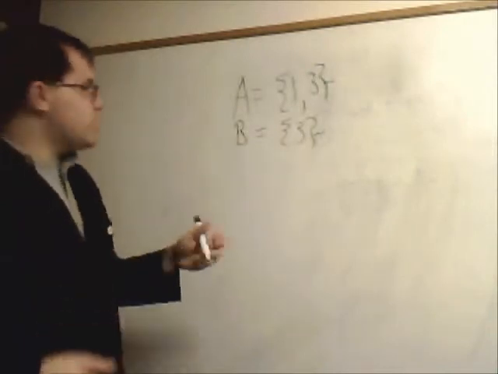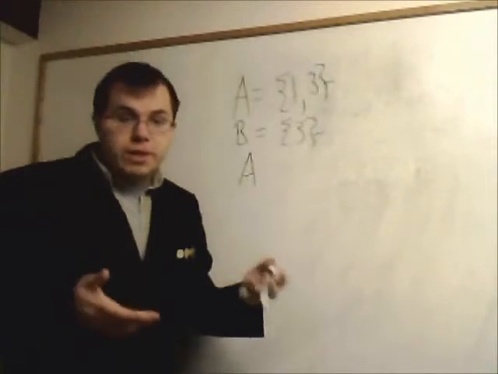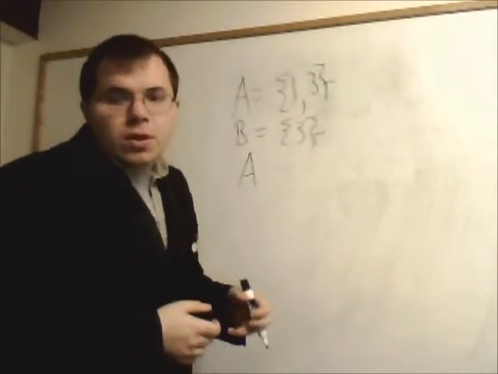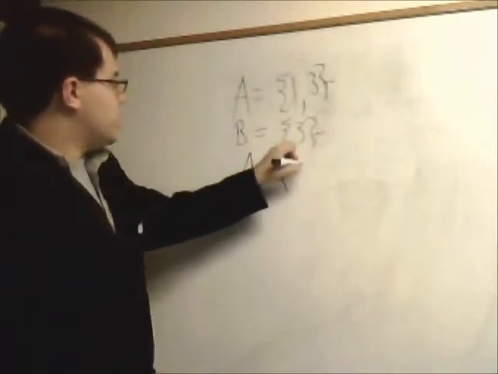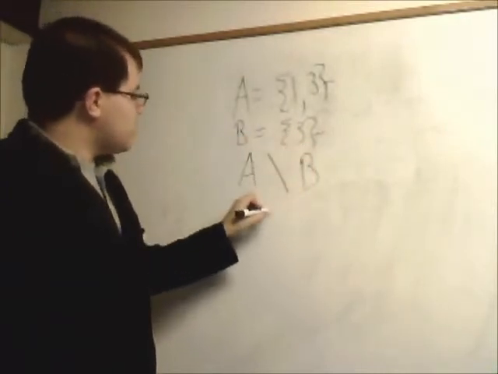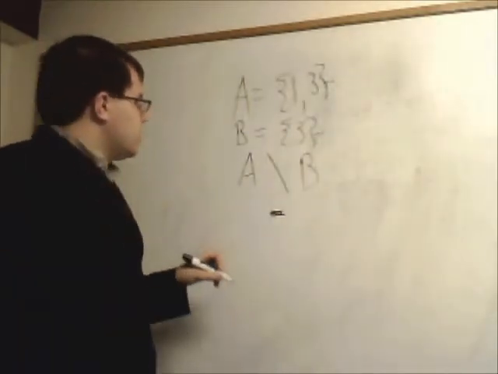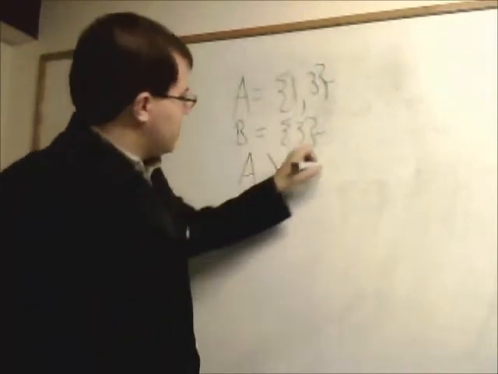Now, there's several notations for set subtraction. I'm just going to use the one I'm more familiar with and the one I think is much better. So A, set subtraction, B. Otherwise, sometimes people like using the subtraction sign, but it does get confused with the arithmetic operator. So it's a slash right here.